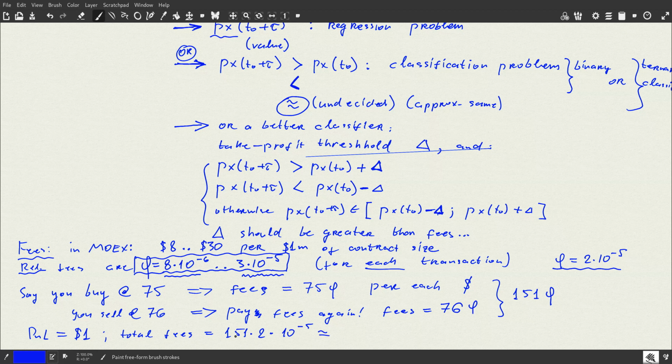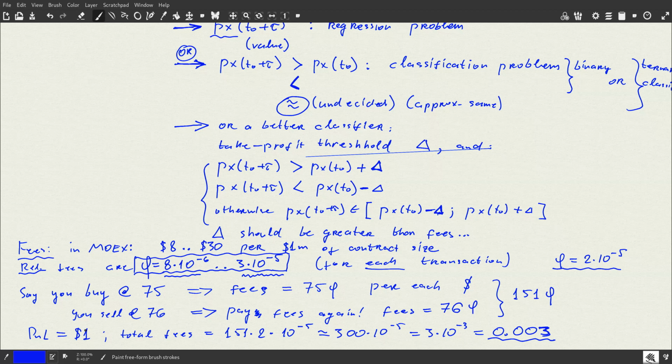Approximately, it is what? 300 10 to minus 5, which is 3 10 to minus 3, which is 0.003 in this particular case.